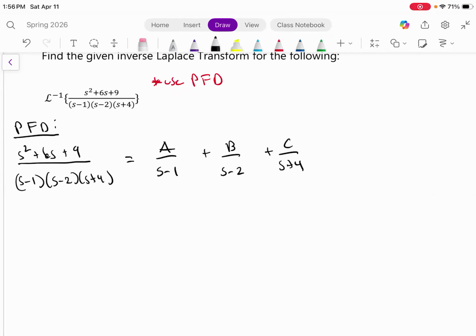What we are essentially doing is turning this into the inverse Laplace of A over s minus 1 plus B over s minus 2 plus C over s plus 4. That's what we're turning this big rational term into so that we can inverse Laplace it, because we cannot inverse Laplace it right now as it is.